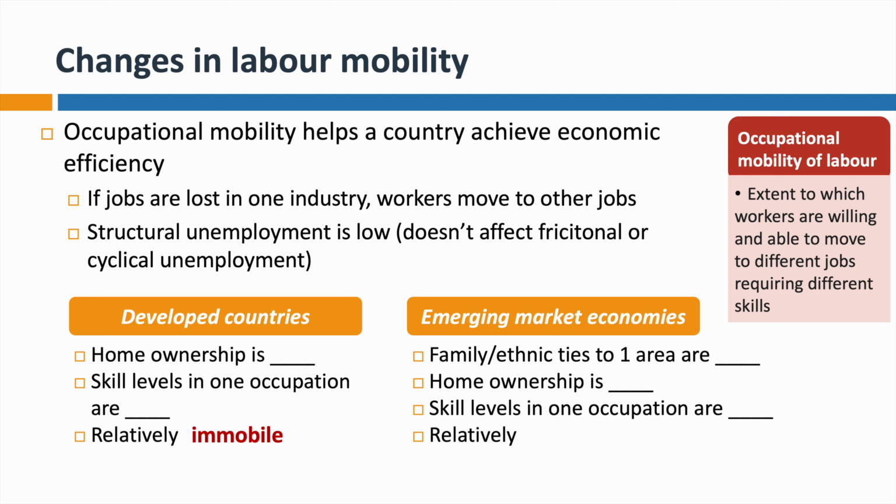If you're going to be in HR, planning for different types of countries, when it comes to economic development, developed countries are going to have relatively immobile workers, while emerging market economies have a different situation. There, usually home ownership is low, skill levels in one occupation are low because people are maybe not so educated.